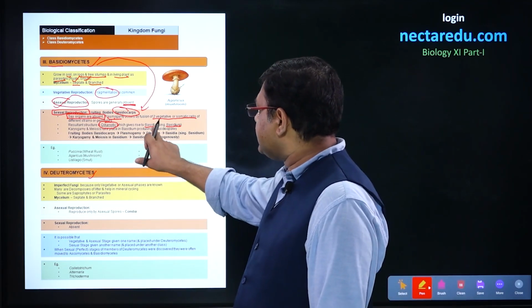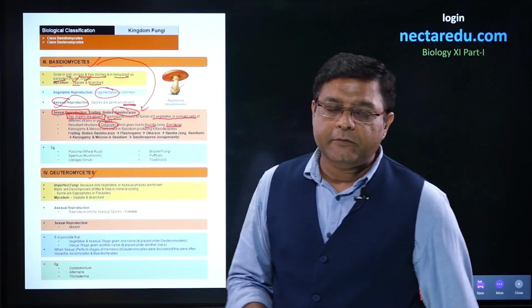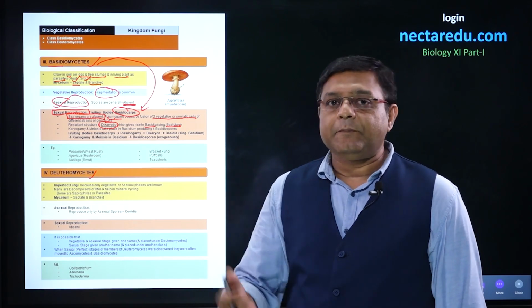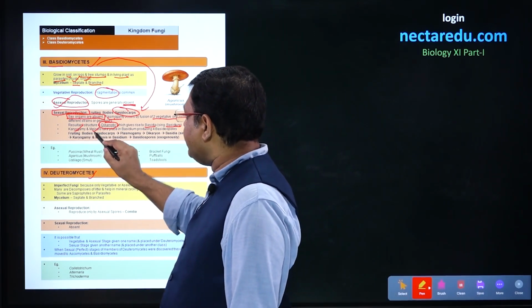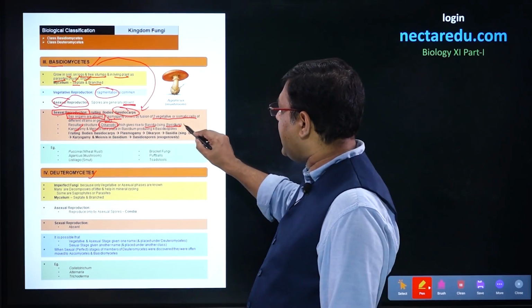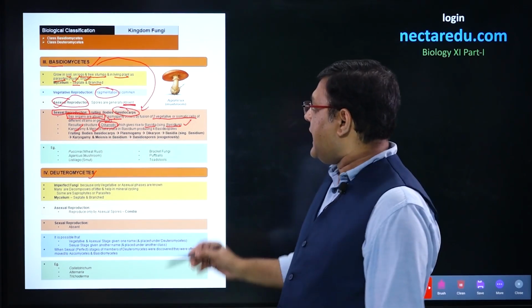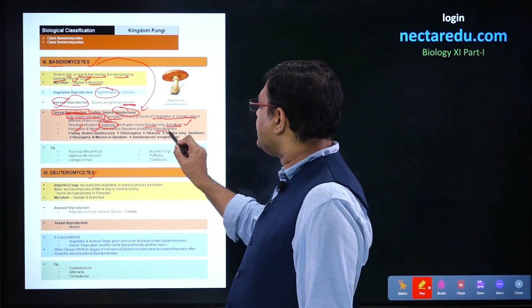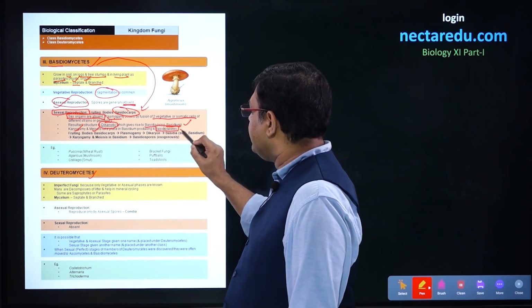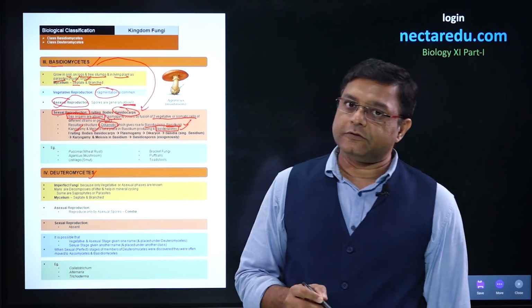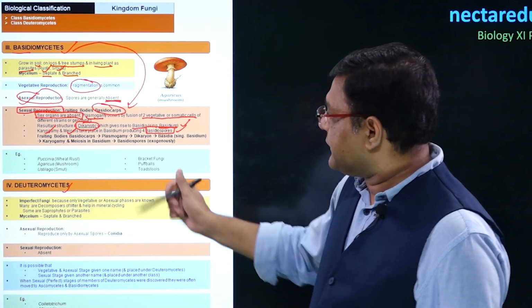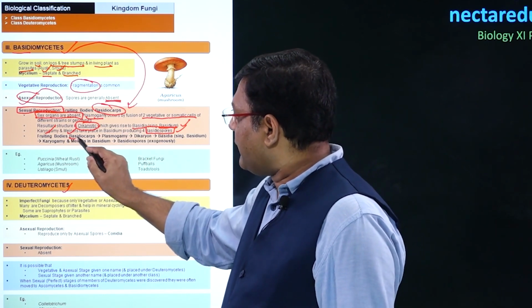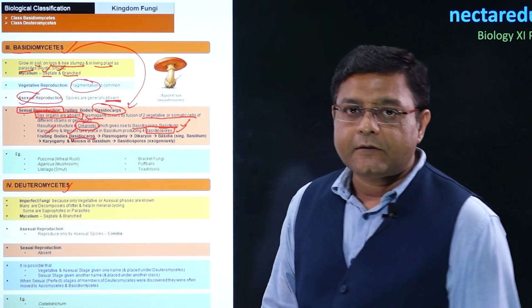Now, once this basidia or basidium is formed, steps 2 and 3 of sexual reproduction, that is karyogamy and meiosis, will happen in this basidium, and it will result in the formation of spores which are called basidiospores. We can compile all the steps. The fruiting bodies which we talked about were the basidiocarps.